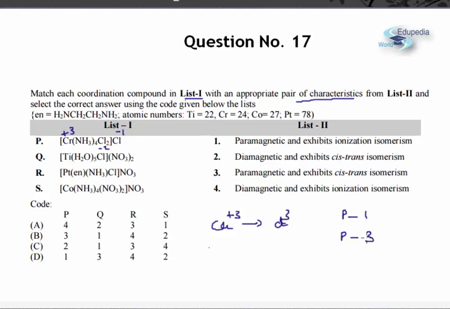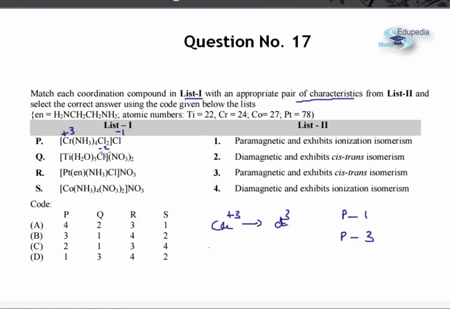Now let me have a look at the other property: exhibits ionization isomerism, exhibits cis-trans isomerism. Clearly it cannot exhibit ionization isomerism, because the only thing that can happen is that this chlorine can go inside and this chlorine can come outside, so that will remain the same and will not make any difference.